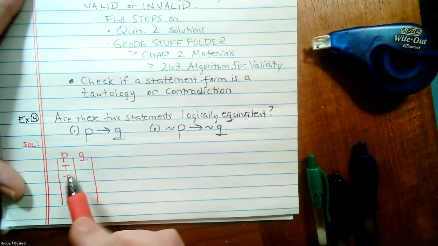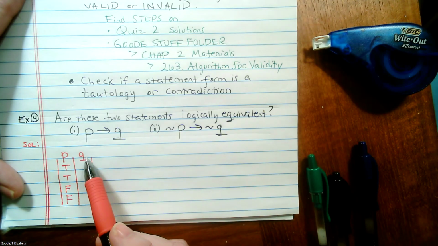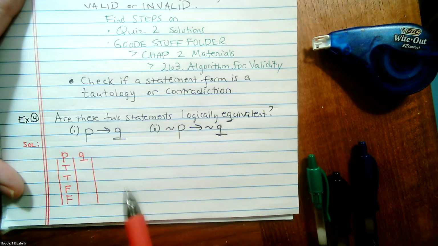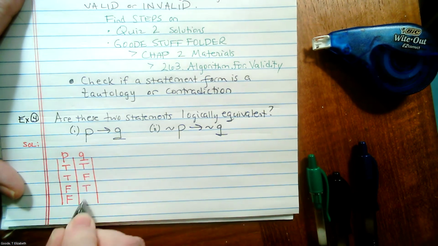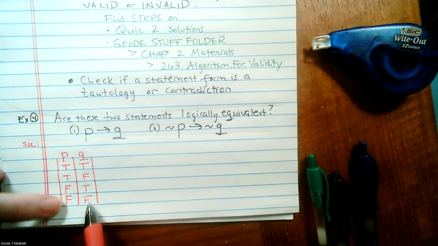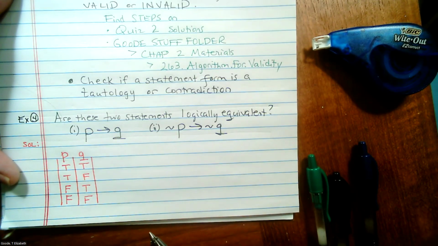Yes, good. When it's a 4-row situation with the variables in order, you put true, true, false, false under the first variable, and under the second variable, we put true, false, true, false. That way we are mixing and matching every possible truth value for P and Q, and we don't miss any.